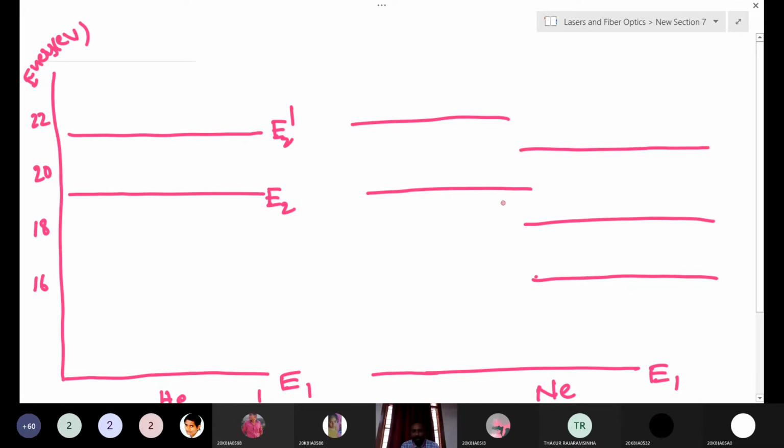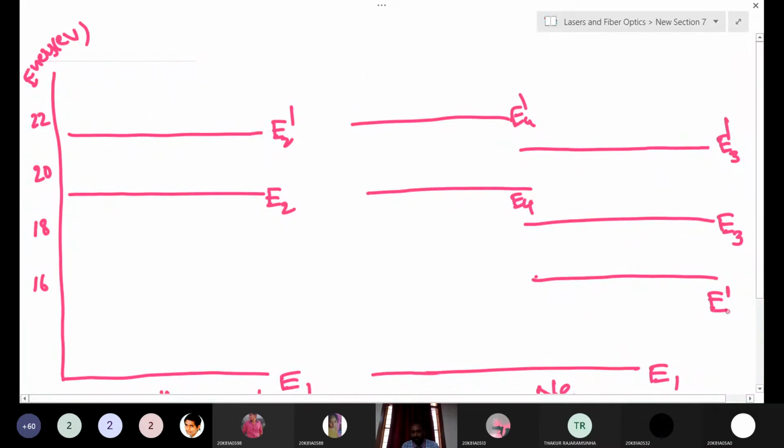Let's take this one E1 dash. You can take these as you wish, there are no rules for selecting these levels. E3 and E3 dash, E4 and E4 dash.